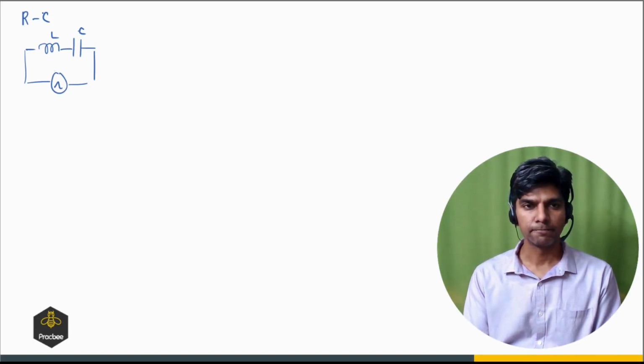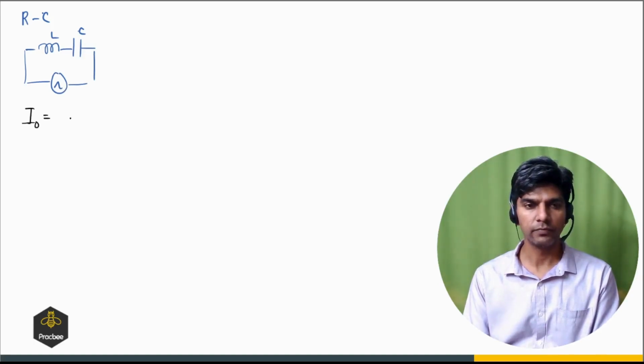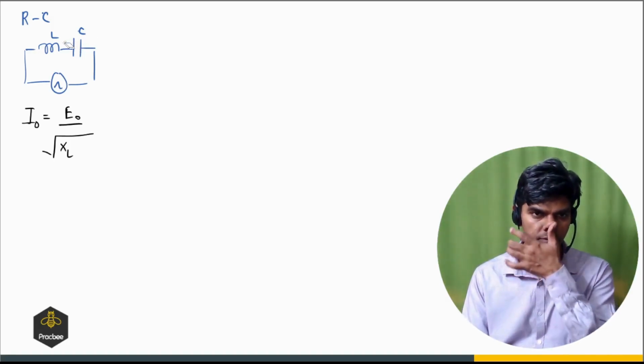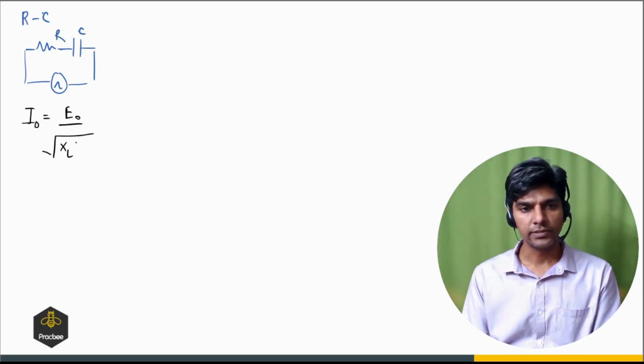So in this case, the peak current will be E naught divided by root of, okay, sorry, this is RC now, so let me change this. This will be resistor. So in this case, it will be XC square plus R square, right?